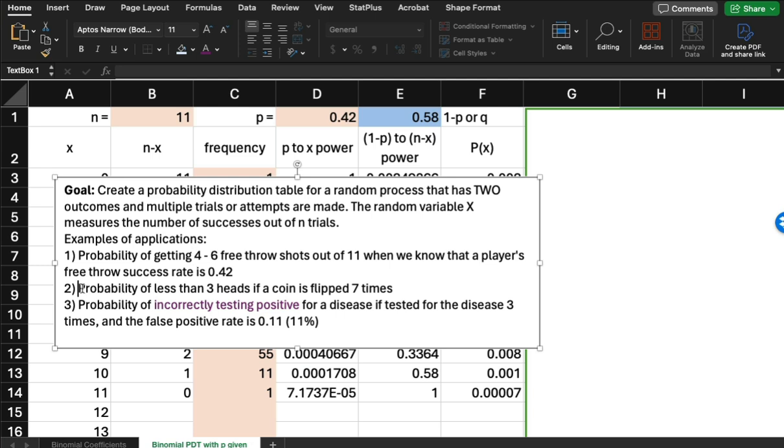A second type of question you might see: what is the probability of getting less than 3 heads if a coin is flipped 7 times? And then the third type of question: what is the probability of incorrectly testing positive for a disease, in this case breast cancer, if tested for the disease 3 times, and the false positive rate is 0.11 or 11%?